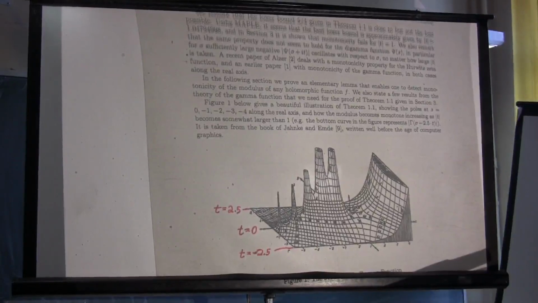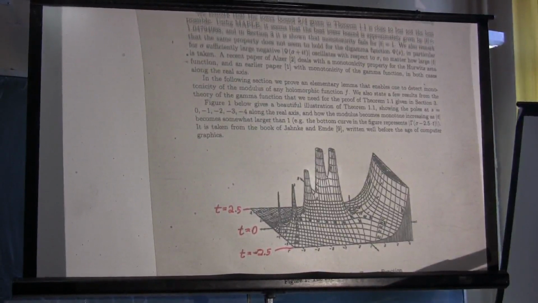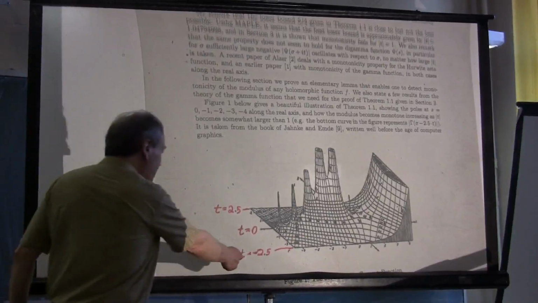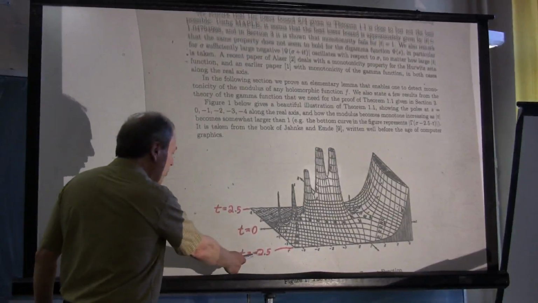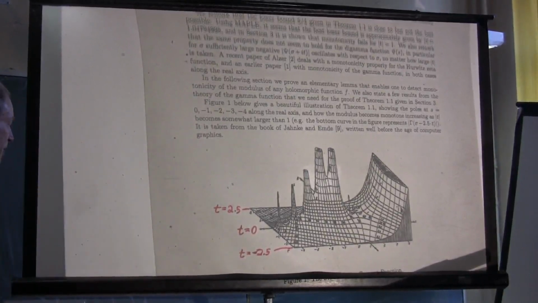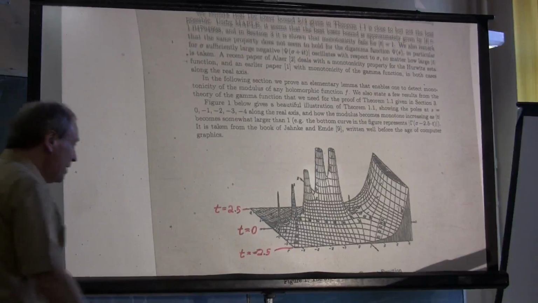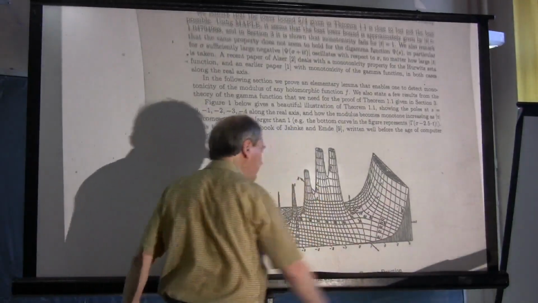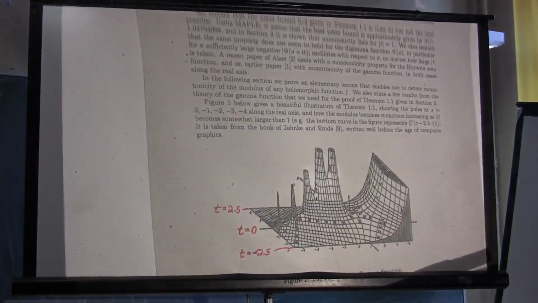So the theorem that I proved with Gopalov is that actually if you get away from the real axis, it becomes monotone. So if we look at t equals 2.5 or minus 2.5, it's symmetric. You can reflect, conjugation doesn't change the modulus. It looks like this curve is monotone increasing. And in fact, we proved it.